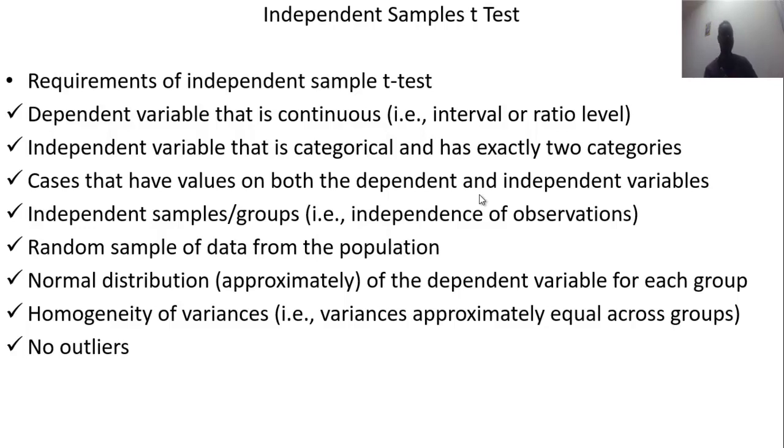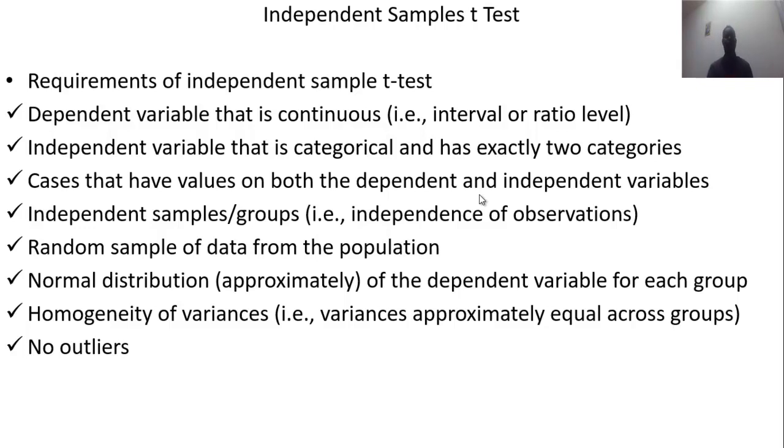Violation of this requirement will distort our result. For example, if the data of the dependent variable is not normally distributed, then we cannot run an independent sample t-test, because the assumption is violated.